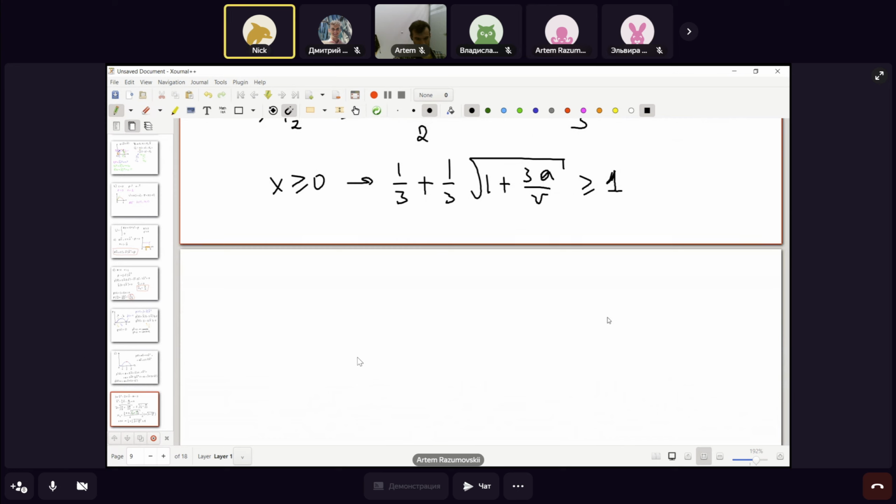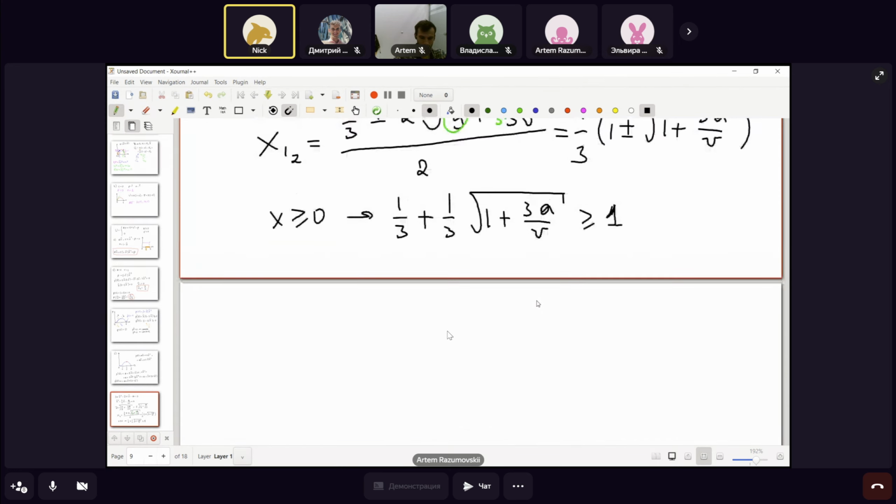Shouldn't it be more than or equal to 2/3? Yes, why 1? In total, it's supposed to be greater or equal than 1. It's by the task. The task says: find such conditions on A and V that the maximum price will be then x hat equal to 1.